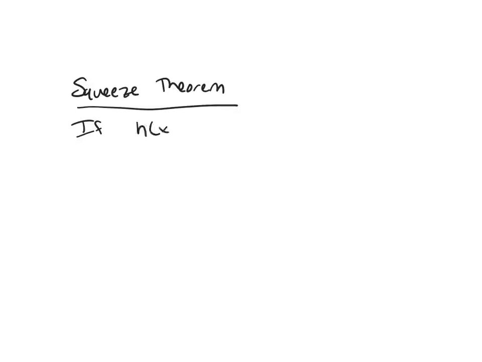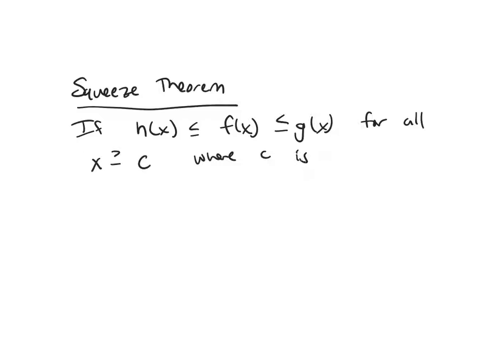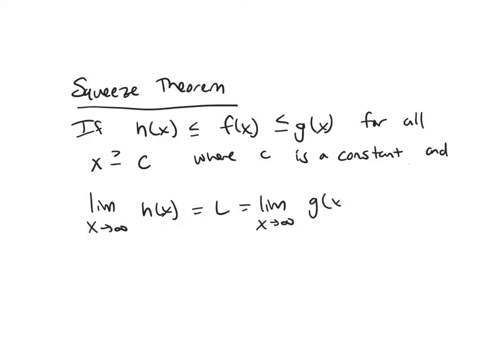If h of x is less than or equal to f of x, which is less than or equal to g of x, for all x greater than or equal to some c, where c is a constant, and I know that the limit as x goes to infinity of h of x equals L, that's the same as the limit as x goes to infinity of g of x, then the limit as x goes to infinity of f of x is also going to be L.